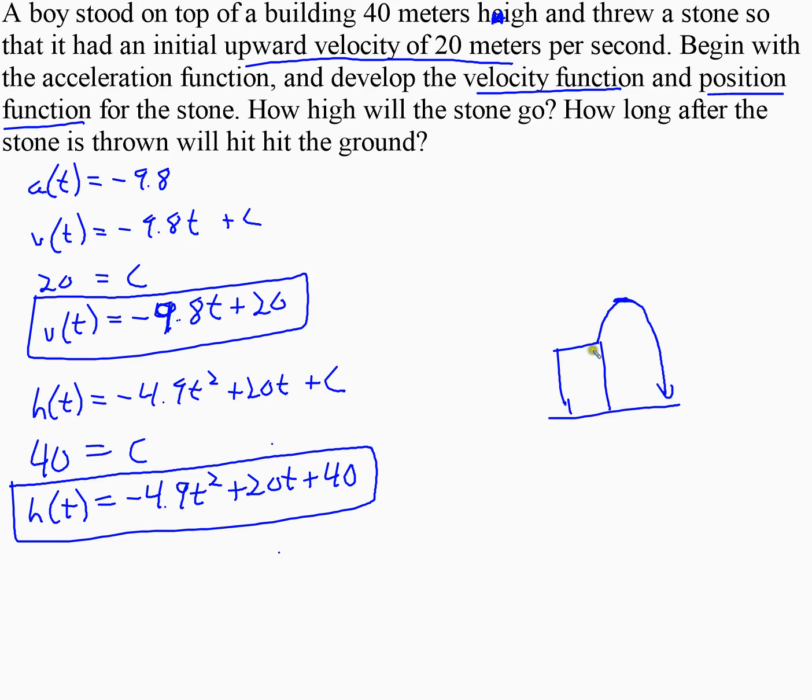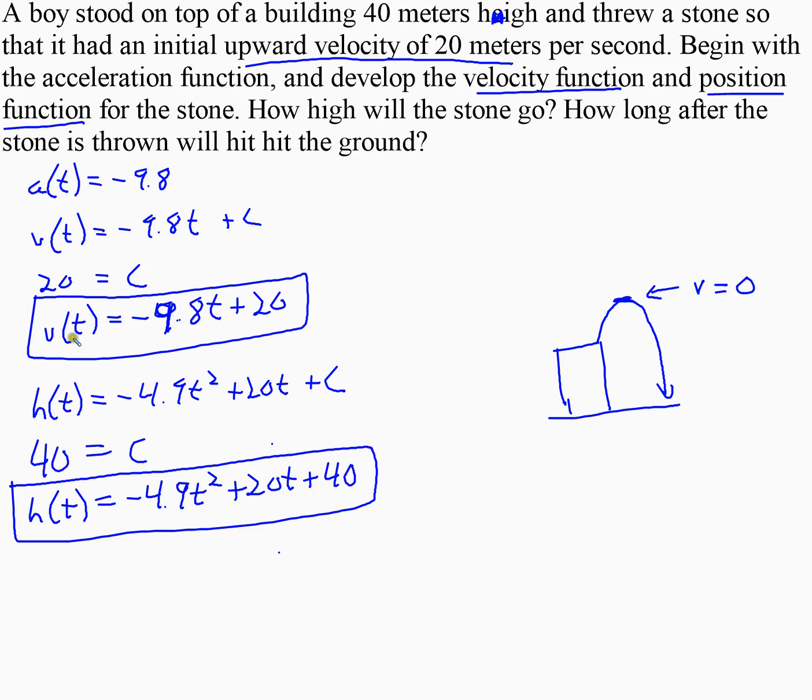Well, it looks like a parabola. But what we can do, when is this the highest? This is when the velocity is increasing, it stops increasing, then it slows, or it goes down. So we want to find when the velocity is equal to 0.